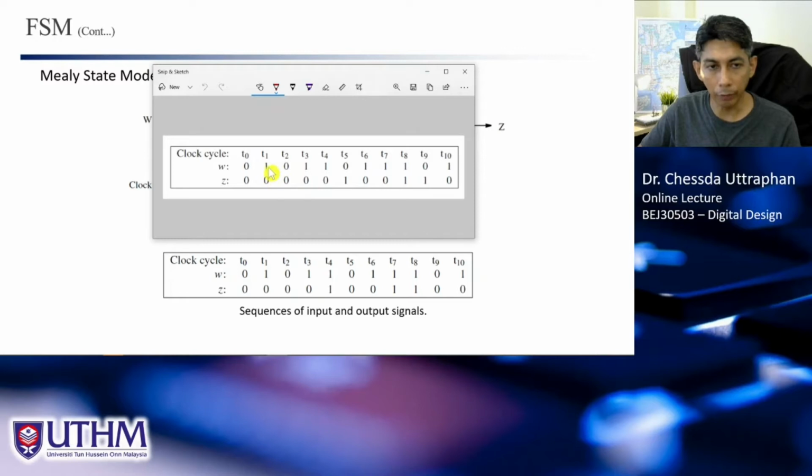And remember, for Moore, the output is delayed for one cycle. Here we have two consecutive speeds exceeding the speed limit. So we have one here, and one here, one here and still one, so the output is 1.